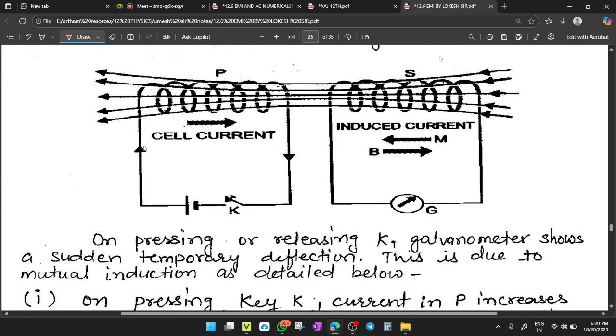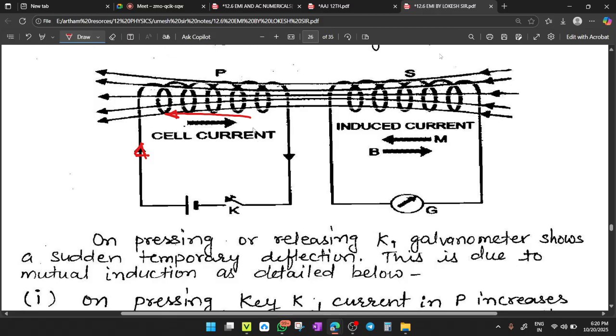Yes, each of the coils will oppose the change in this current. Okay, no one wants this current to be changed. So here, as the current is changing, flux is also changing in the primary coil, so a back EMF will result.